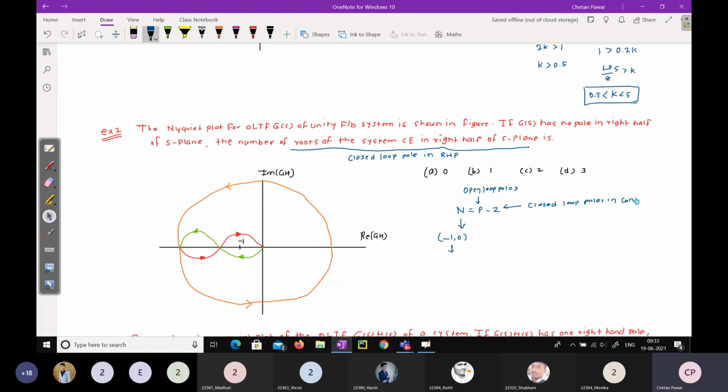Poles in the contour. The Nyquist contour is what? The right hand side of the S-plane. And here, open loop poles in the contour will be in the RHP.